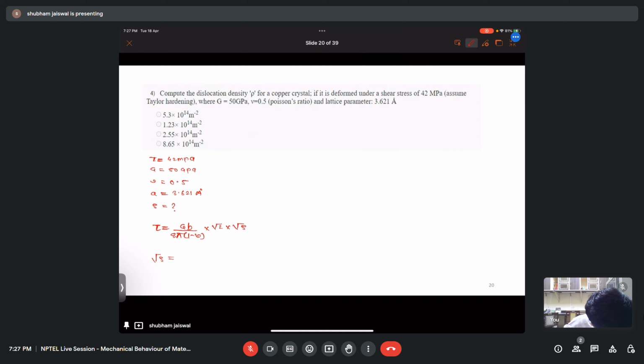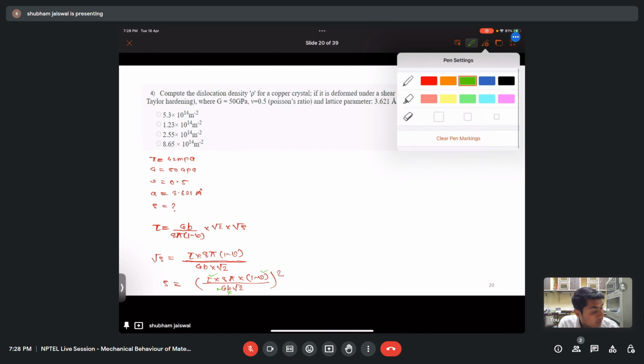So if I write, we can write it as 8 pi 1 minus nu upon Gb into root 2. Okay. And if I take the square, so I will get tau into 8 pi into 1 minus mu upon Gb root 2 whole square. So in this equation, we know the value of tau, we know the value of mu, we know the value of G. Only b is not known.